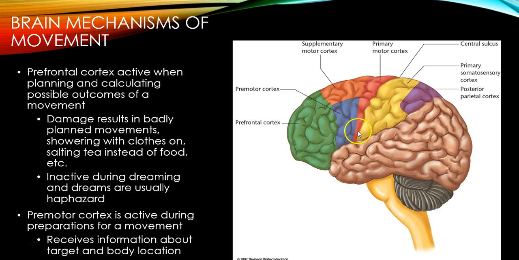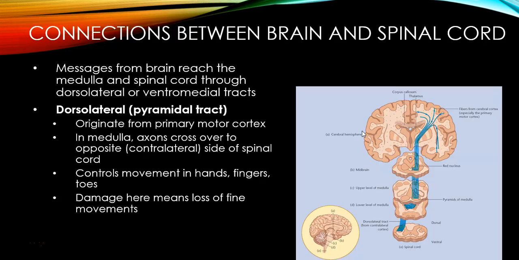Here's the central gyrus, and right before that is the primary motor cortex, this red strip. And then right behind that in the parietal lobe, this is primary somatosensory or touch cortex. Okay, so those two are right bordering on each other: motor cortex, the very back of the frontal lobe, and primary somatosensory cortex, the very front of the parietal lobe.